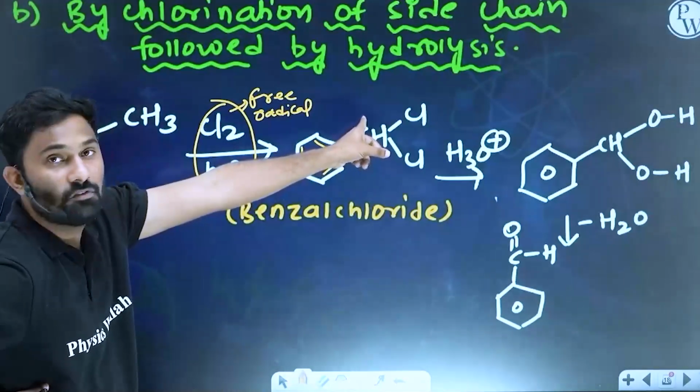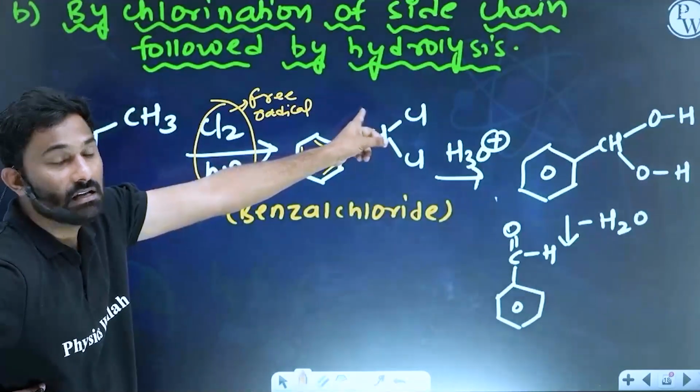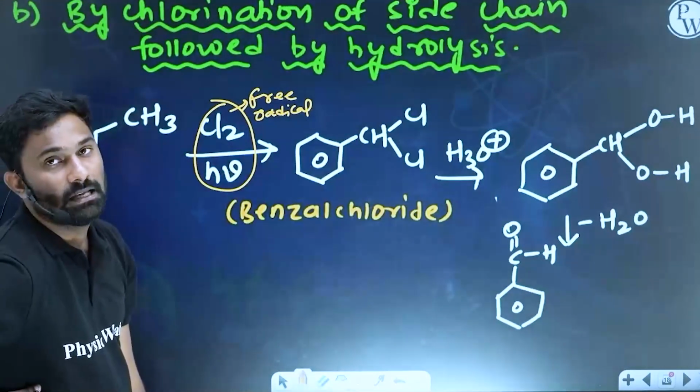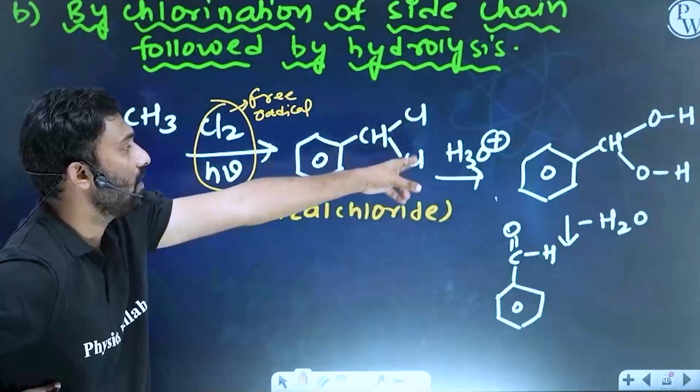There the free radical is stabilized by delocalization of this pi electron. That is why it will attack at the side chain.